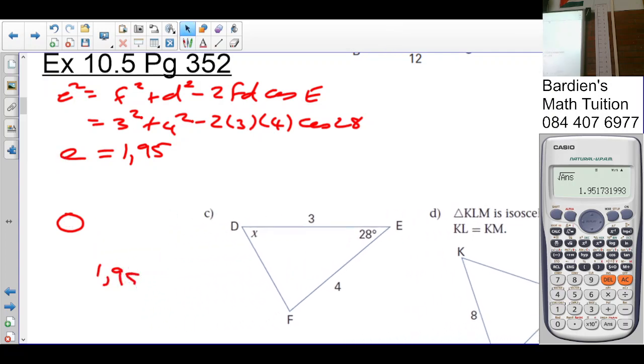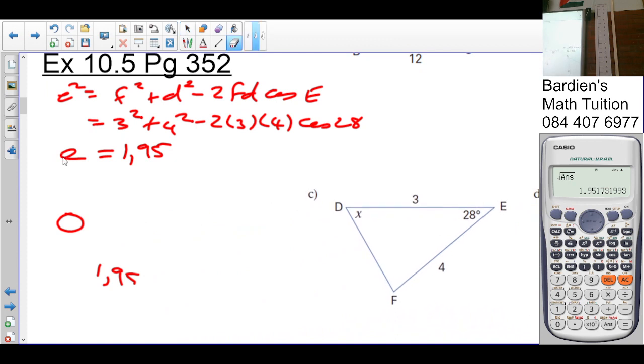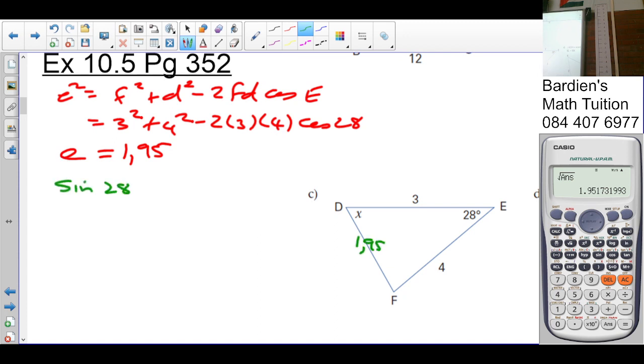So the sine rule would simply give us, so that is 1,95. So it's going to be sine of 28 over 1,95 is equal to sine x over 4. You all agree with that? Which is equal to sine of F over 3, if needed. So you cross multiply.